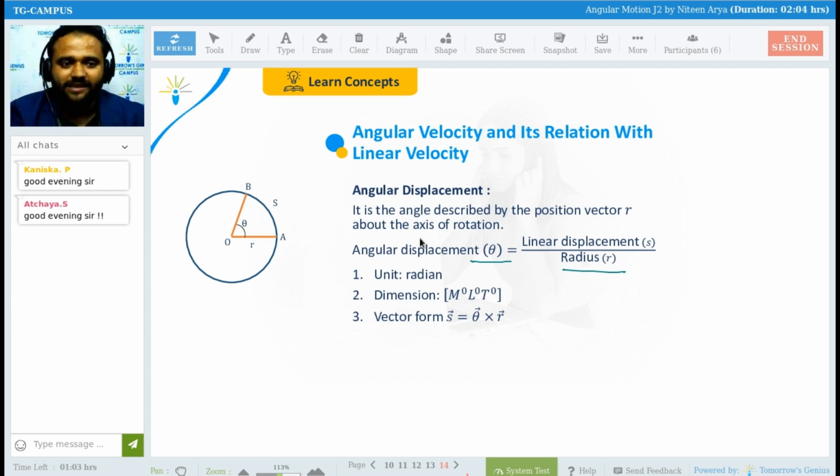Clear? It is very simple. Take a circle, because it will give you a better understanding, and draw an axis. Suppose this is the center.